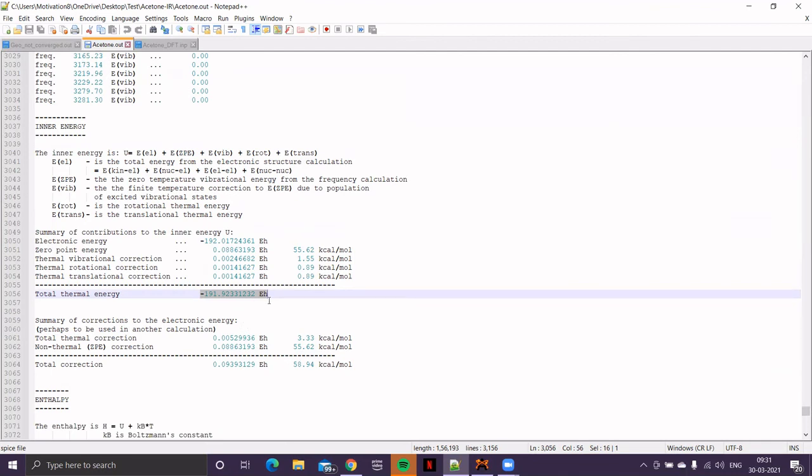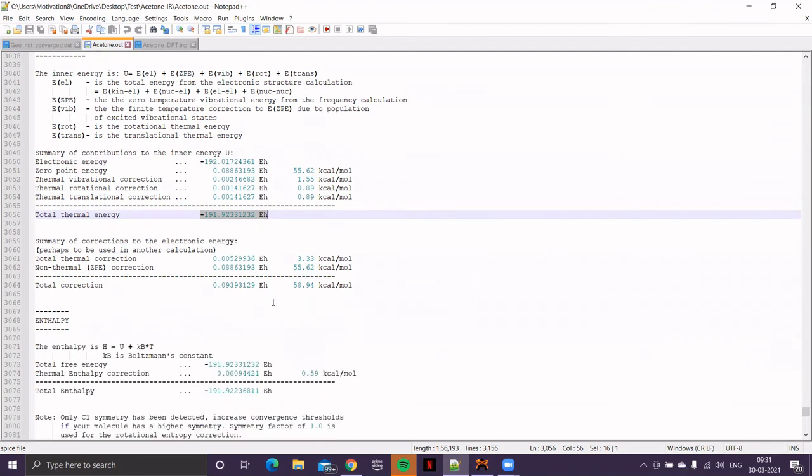So once you have this internal energy, you can calculate enthalpy. The formula is H equals U plus PV. For 1 mole of ideal gas, PV will be equal to RT. For 1 molecule, that will be kT. Since the unit is kilocalorie per mole, you take the value RT.